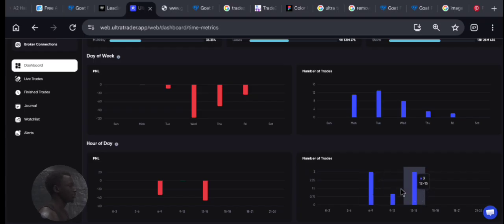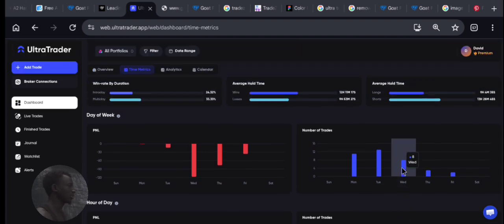So you can understand from this chart that I'm focusing more on quantity than quality, which is very, very bad for a trader. This is telling me that I take more trades, which is not good according to my own strategy. I need to find a way to work on taking fewer trades. So that's basically it for this panel's time matrix.